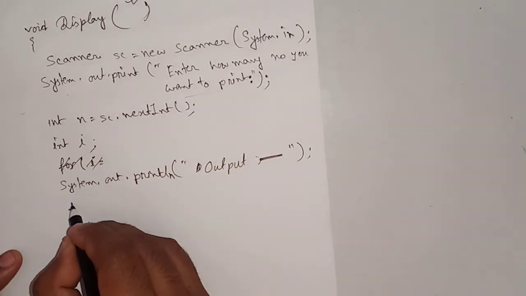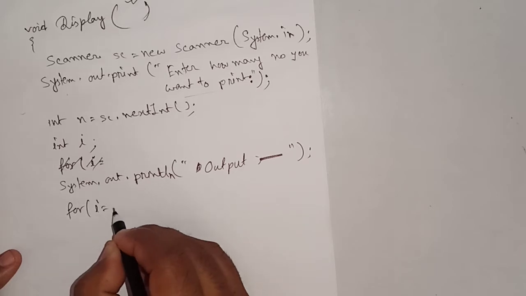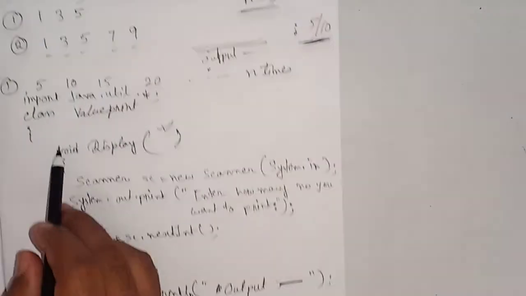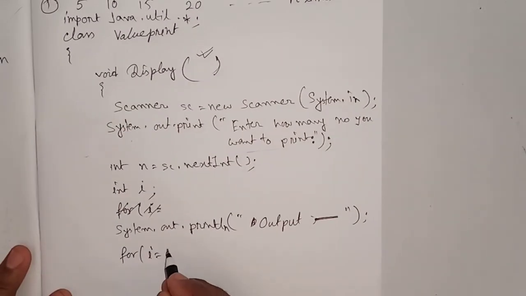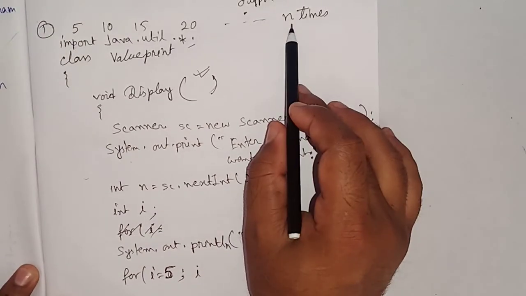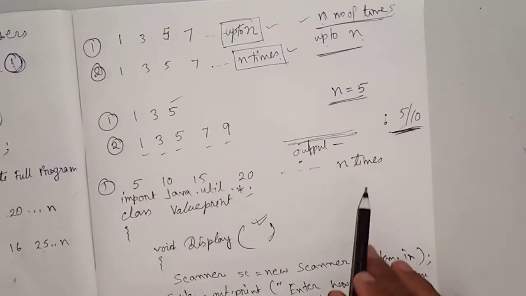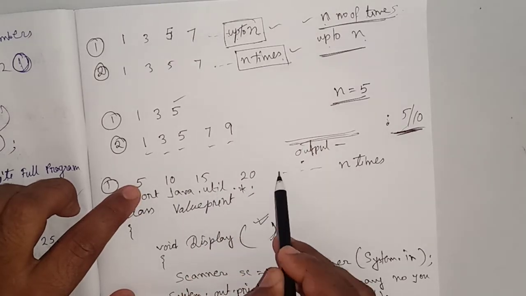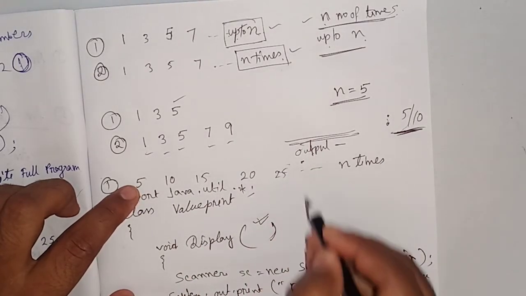Okay, then for i is equal to, the starting value in your program is 5. Then see, n times means 1 2 3 4 5, means after that 25.